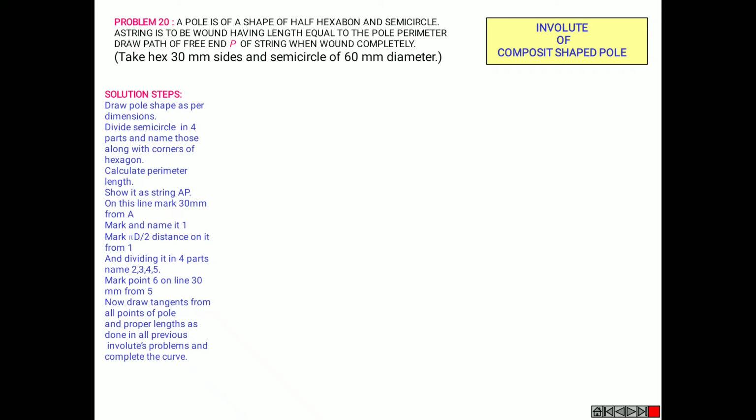Now we'll just step into the diagram directly. See, if you observe the diagram, it just looks like your half hexagonal and semicircle. So the combination of half hexagonal and semicircle, these kinds of shapes are called composite shaped pole.